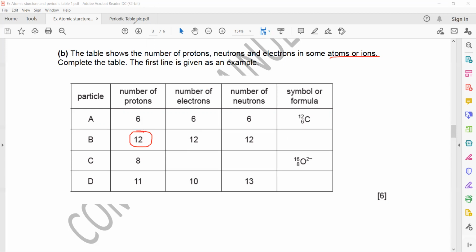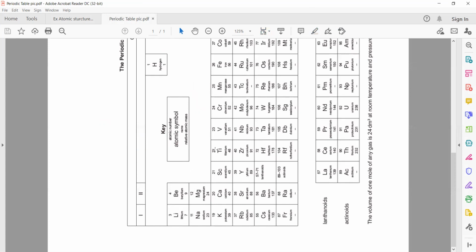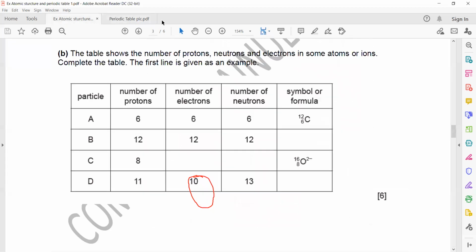Proton number 12: in the exam you will have the periodic table, so you check it and work out the element with proton number 12. As you can see, magnesium has proton number 12, so this will be Mg.